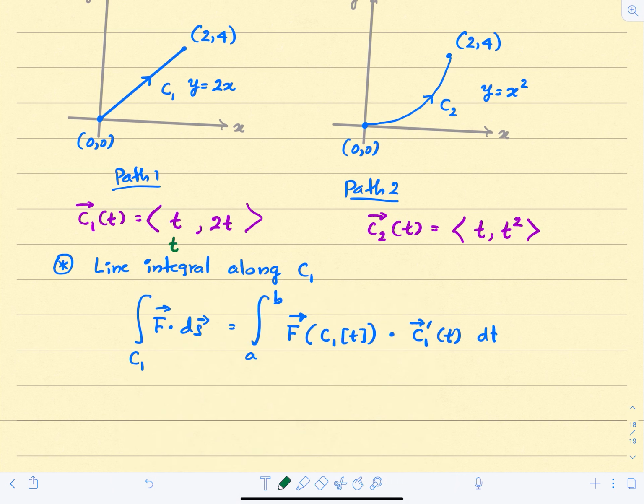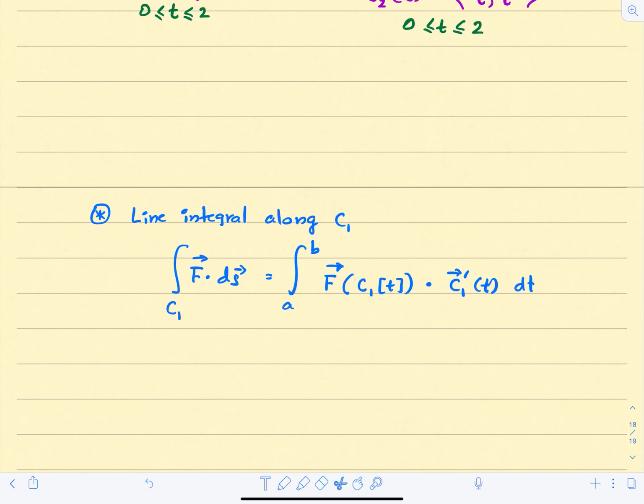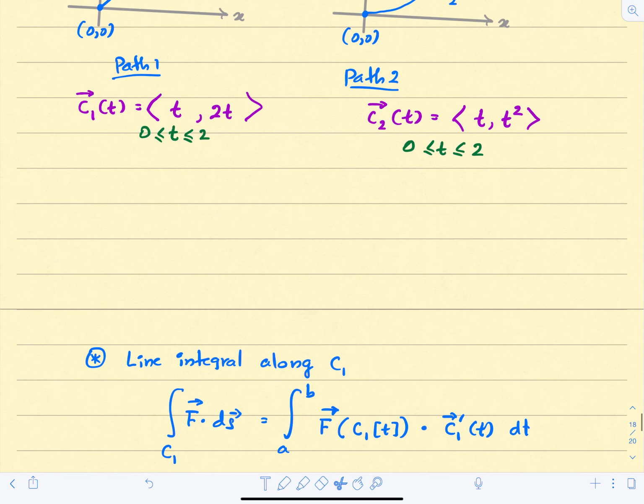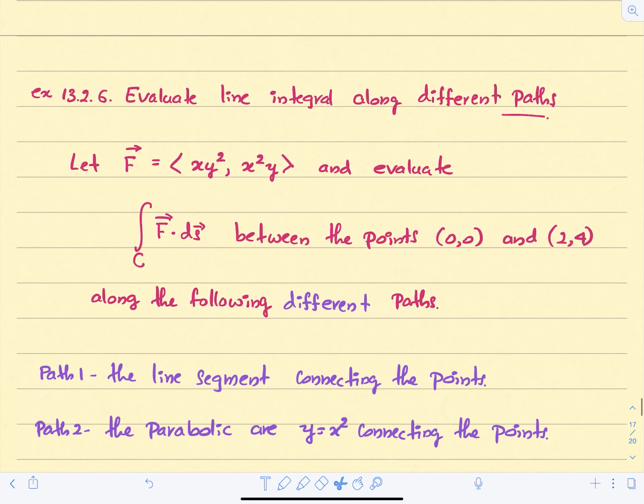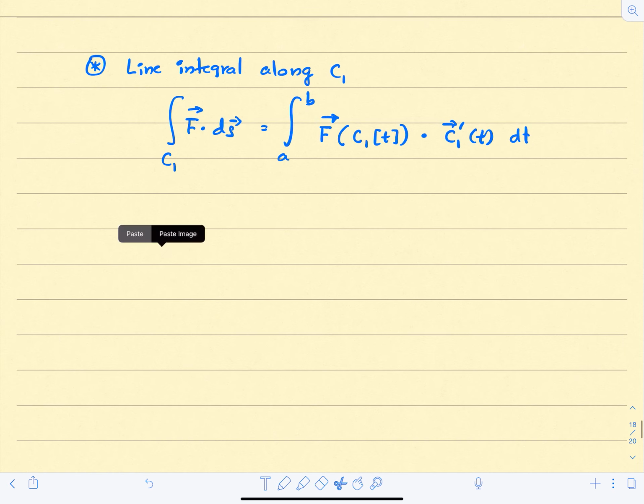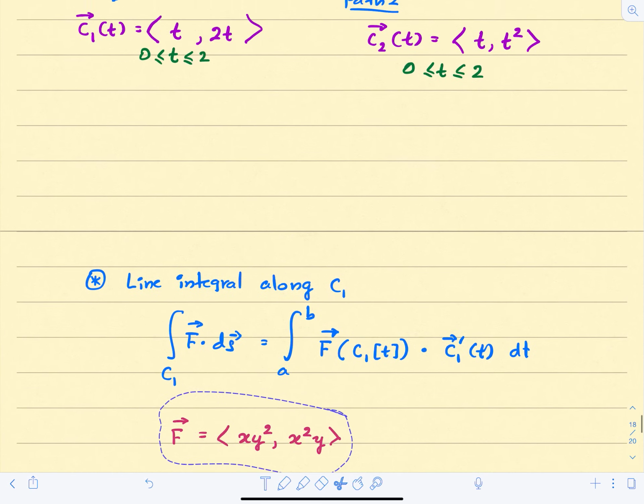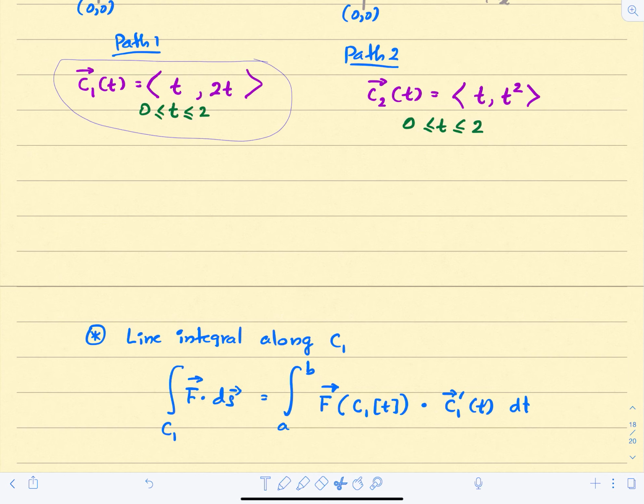Here the range of t should be 0 to 2. Similarly, the range of t for the second path should be 0 to 2. And my vector field is this, so we need this one, and we need this one too.